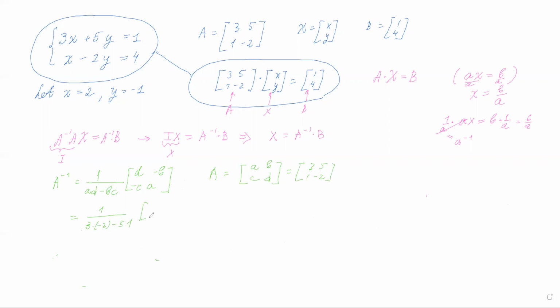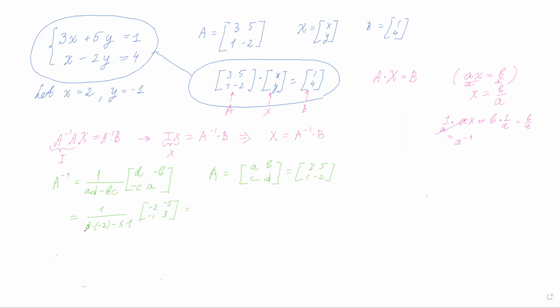And then I have to switch the diagonal elements and put minus on the other elements. So 3 and minus 2 are going to be switched. So it's minus 2 and 3 here. And minus 5, I'm putting minus in front of B, and minus 1. So basically, guys, that's already my inverse matrix.